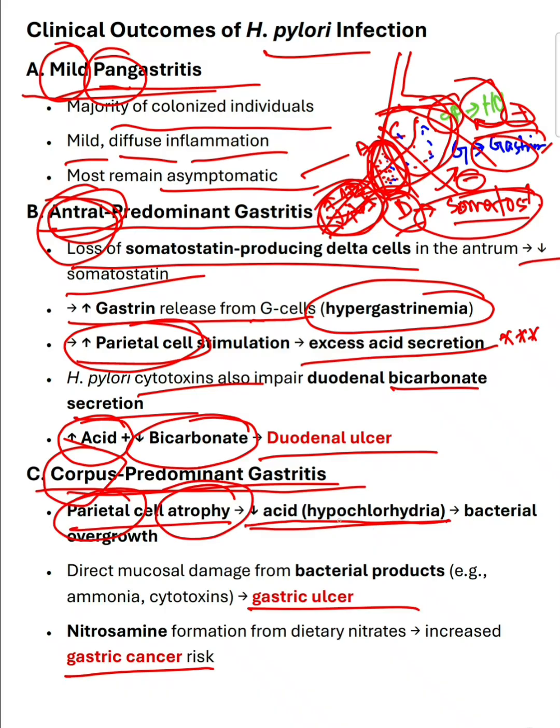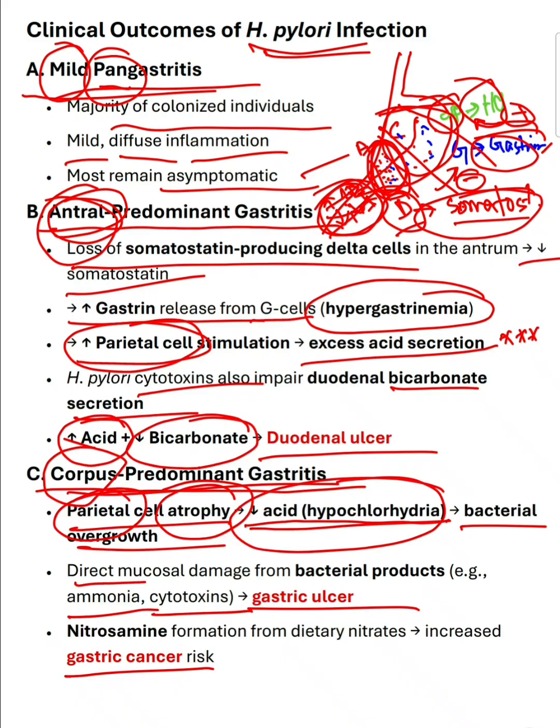Because now we have lost that acidity, the Helicobacter pylori and some other bacteria can overgrow there, and those bacteria will produce different kinds of products like cytotoxins, ammonia, and then these products will directly damage the gastric mucosa, causing gastric ulcer.